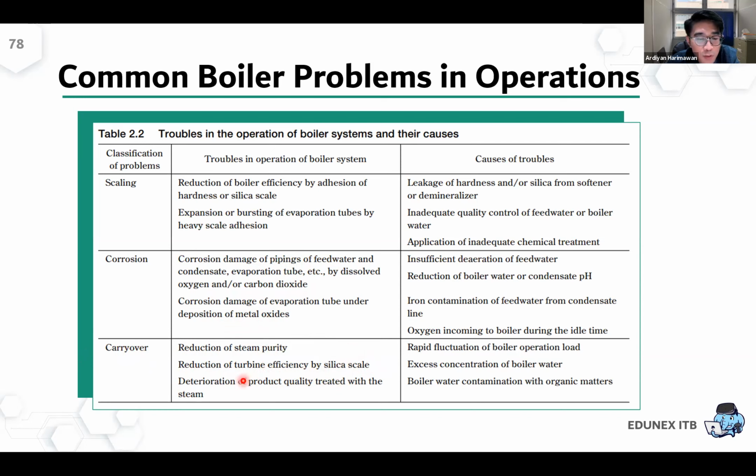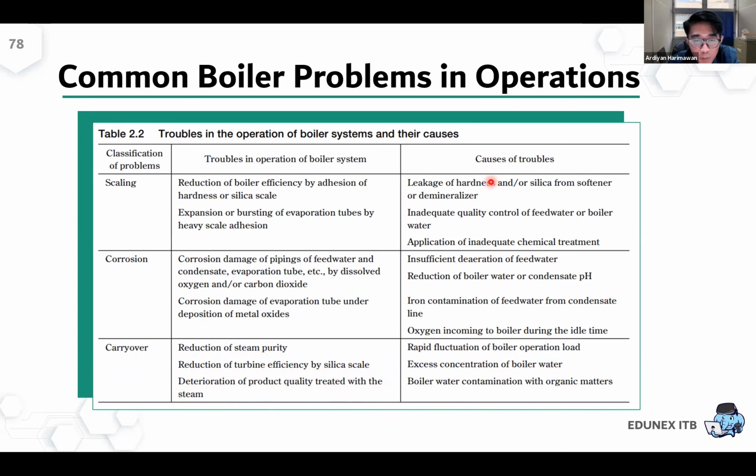If it carries over to the steam, and the steam is subsequently used in a steam turbine, then the silica scale will reduce the turbine efficiency, and the components in the steam will also deteriorate the quality of the product treated with the steam.